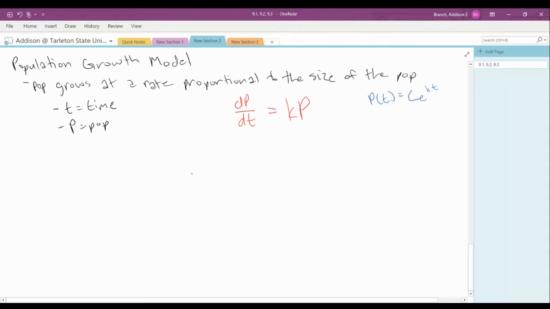If we do that, we can rewrite dp over dt as p prime of t, which is equal to c times ke to the kt.